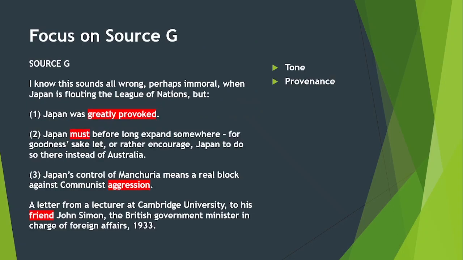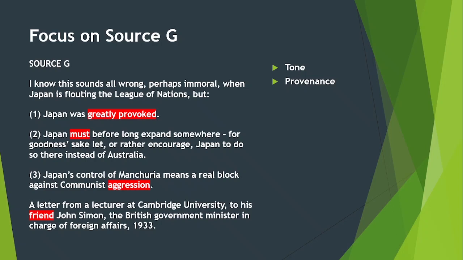My final point would be to go to the tone and the provenance of source G, and so its purpose. Japan was greatly provoked. Japan must, before long, expand somewhere. For goodness sake, let, or rather encourage Japan to do so, there, meaning Manchuria, instead of Australia.